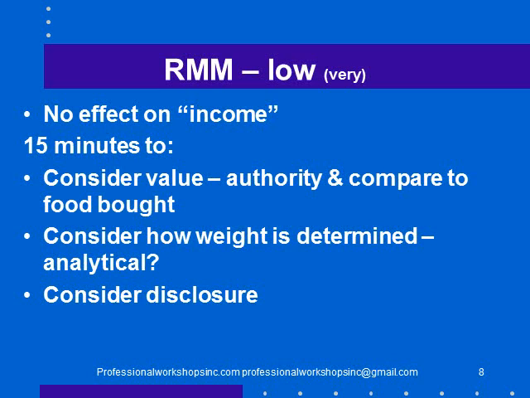Can we analytically compare it somehow to the value of food bought? I'm sure there's some way we could do that. Shouldn't be hard and can probably be done analytically. I think it's important to consider how the weight is determined, and can we determine that analytically? And then we need to consider the disclosure. So it shouldn't take very long to audit, not very hard at all, because the risk of material misstatement is so low.